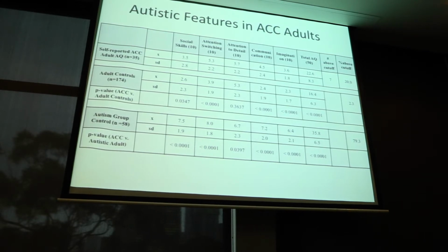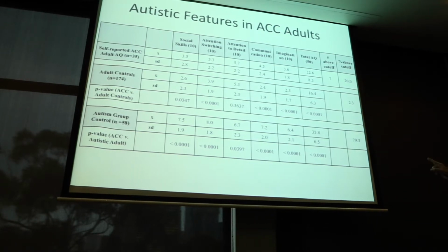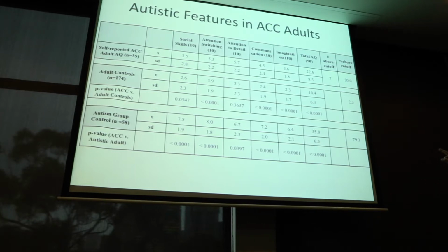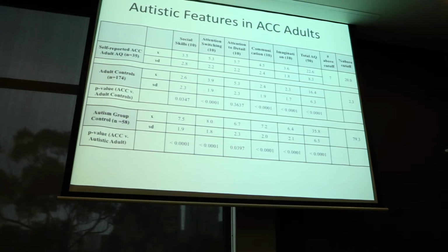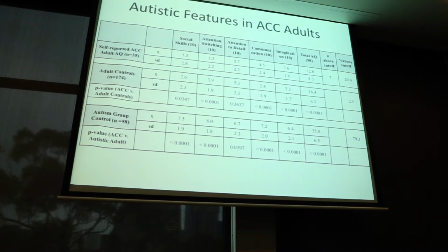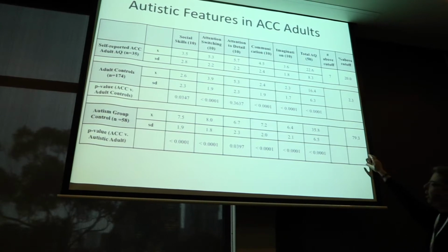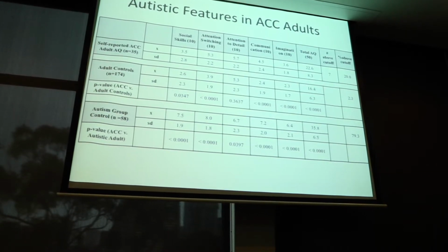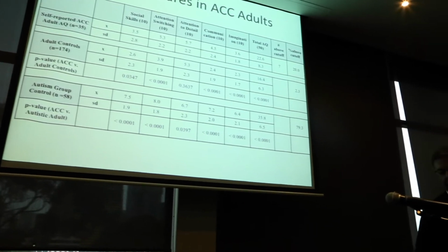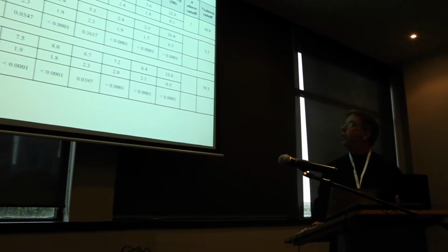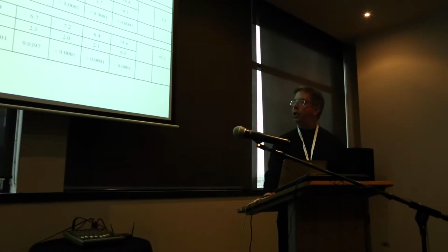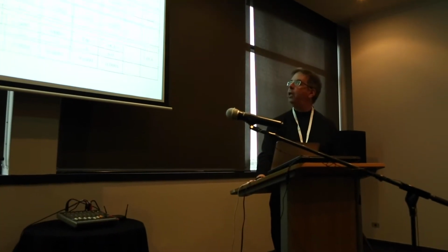Okay, but using that, you can see that it was 20% in the top corner here of adults with ACC, 79% in the adult autism group, and then in the adult neurotypical controls, it was 2%. So sort of similar. There's, again, a lower percentage here than you would expect if the test was perfect. And so for both the adult ACC individuals and the adult autism individuals, it's probably under ascertaining.